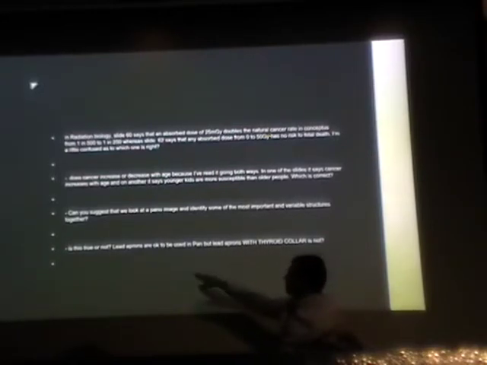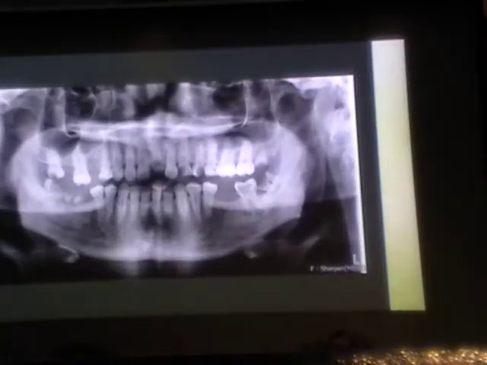Okay, we will take a look at the pan in the next slide. Is it true that lead aprons are okay to be used in pan, but not lead aprons with thyroid collar? Answer is yes. Why? We talked about it.